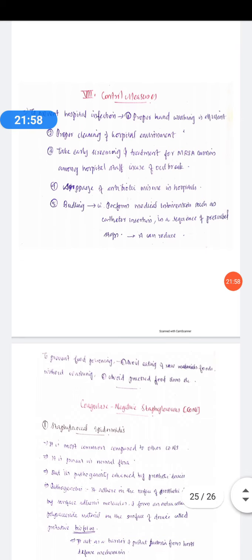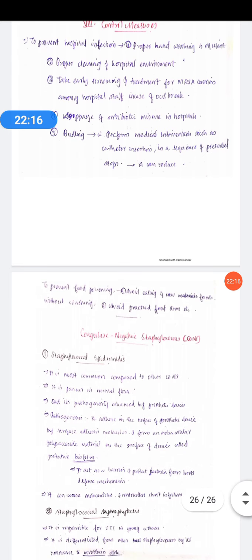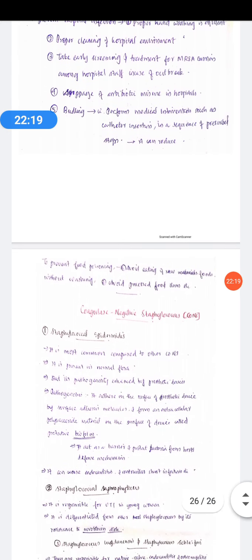Also we stop antibiotic misuse in hospitals, which is very common. We use a process known as bundling, that is, performing medical interventions such as catheter insertion in a sequence of prescribed steps. So we can reduce the chances of staphylococcus infection.